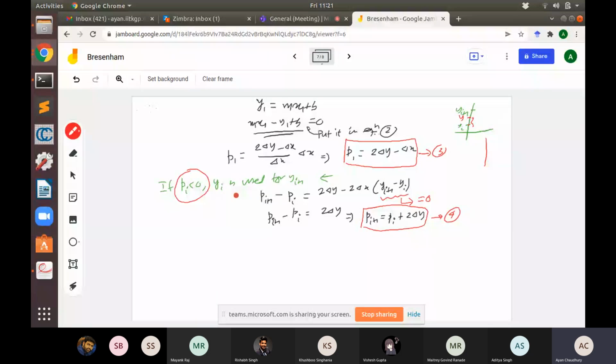Yes, exactly. We also have to consider the case if pi is greater than or equal to 0. Then what will be the pixel for this case? Yes, yi plus 1 is used.